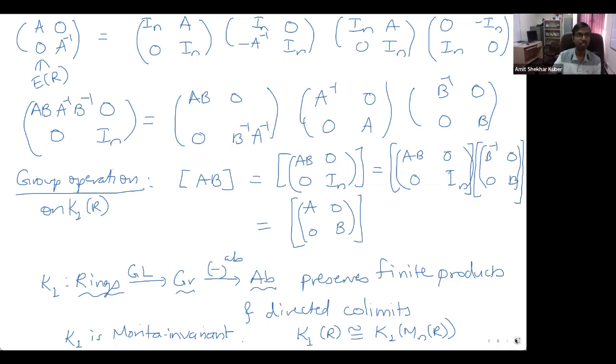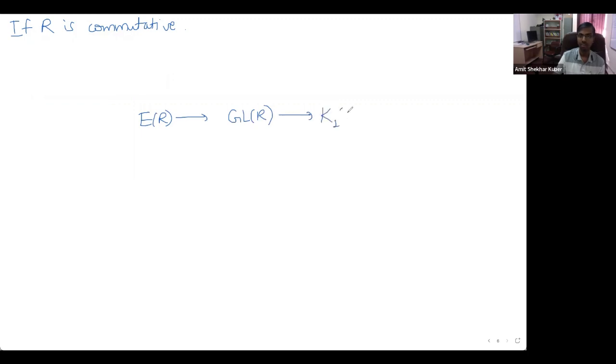So now that we have seen enough theory, let's try to compute some examples. If R is commutative, then what can we say? I'm going to draw a diagram here. Here is our basic short exact sequence: GLR, then K1R, and then 1 and 1.